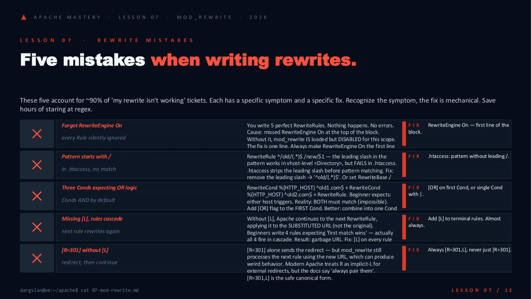Stacking RewriteConds expecting OR when the default is AND. Omitting the L flag, so every rule cascades into the next on the rewritten URL. And writing R=301 without L, leaving processing to continue past the redirect. Recognize the symptom. The fix is mechanical.